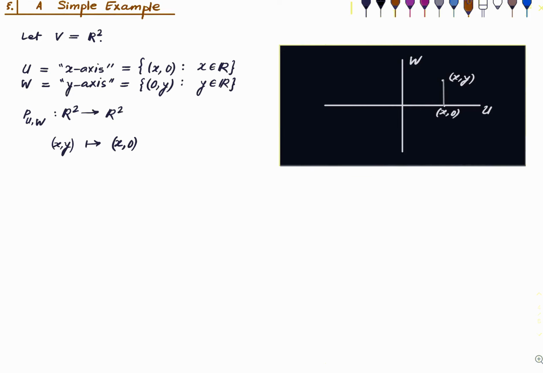So here is the definition. Let T be an endomorphism.